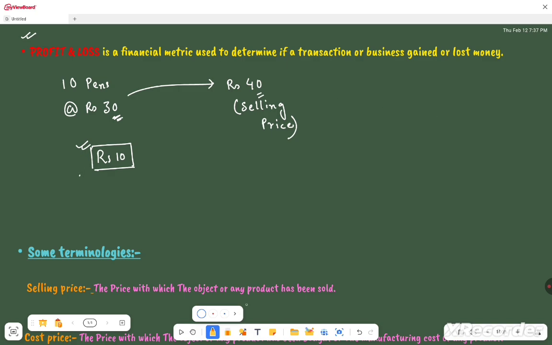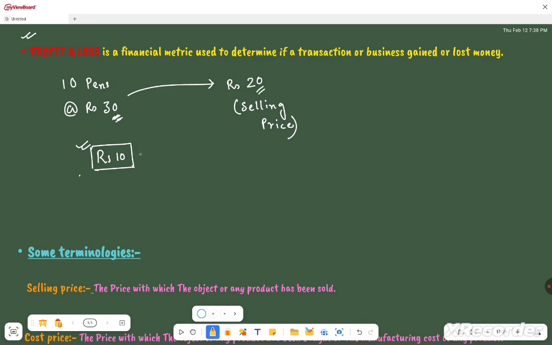Now if I say you are buying these 10 pens at rupees 30, but you are selling the same 10 pens at rupees 20, again there is a margin of 10 rupees, but here you can see this 10 rupees you are losing. That means you have bought at rupees 30, but you are selling at rupees 20.